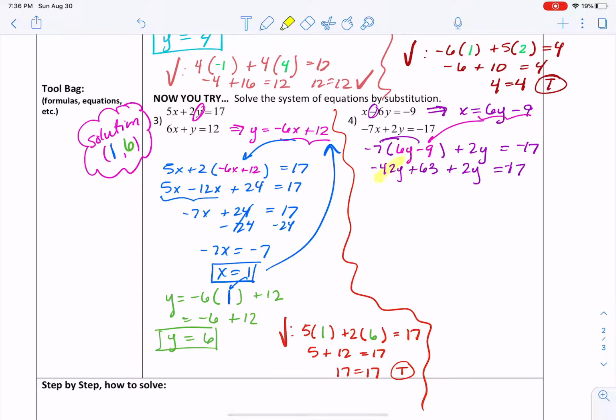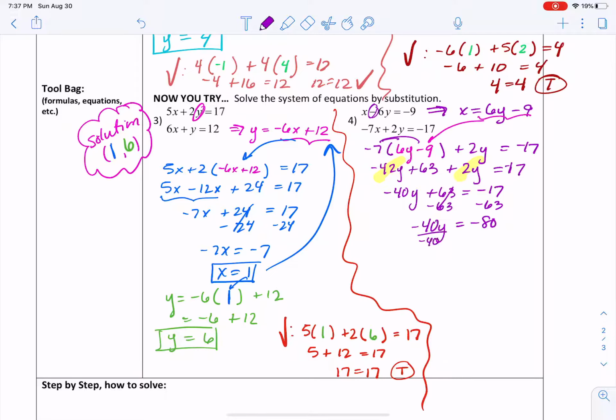I'm going to combine like terms, those are my y's. So I get -40y plus 63 equals -17. Subtract 63 from both sides, -40y equals -80.